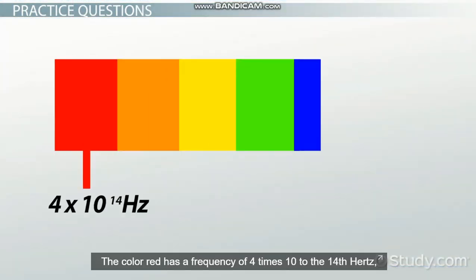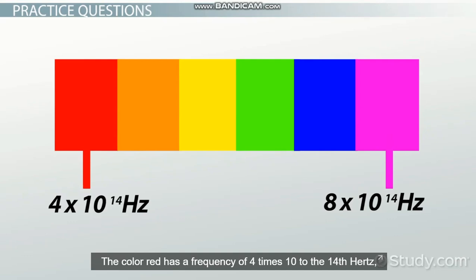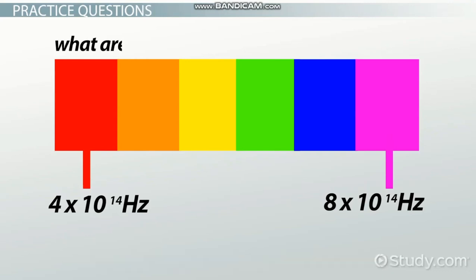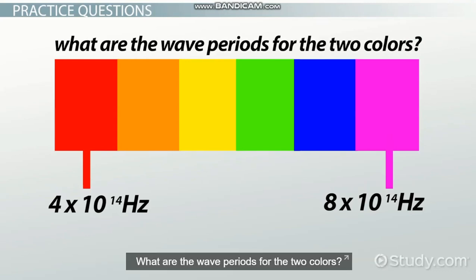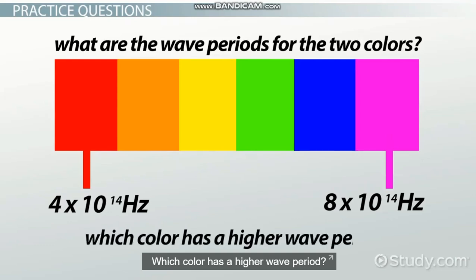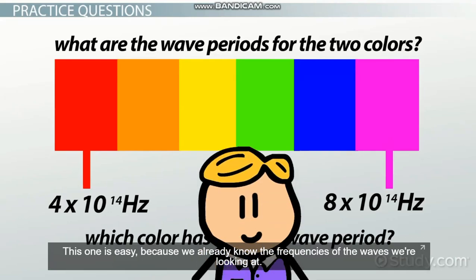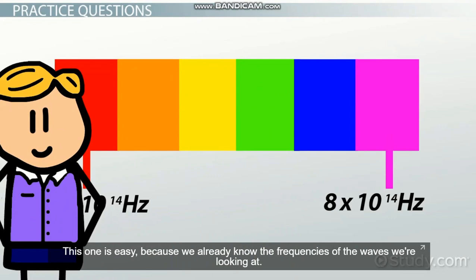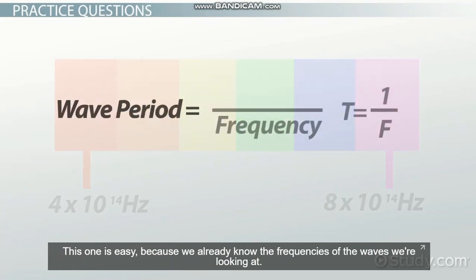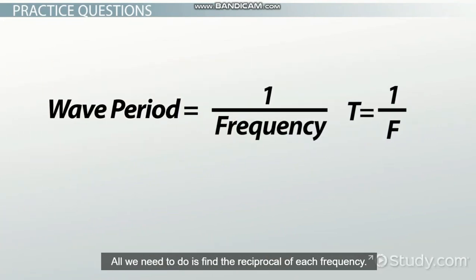Here's another. The color red has a frequency of 4 times 10 to the 14th hertz, and the color violet has a frequency of 8 times 10 to the 14th hertz. What are the wave periods for the 2 colors? Which color has a higher wave period? This one is easy because we already know the frequencies of the waves we're looking at. All we need to do is find the reciprocal of each frequency.